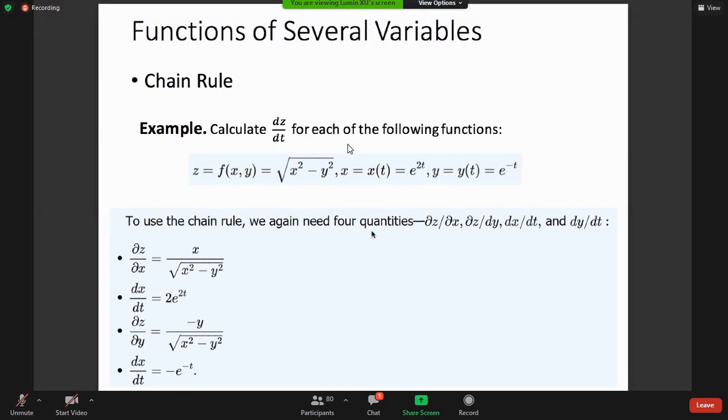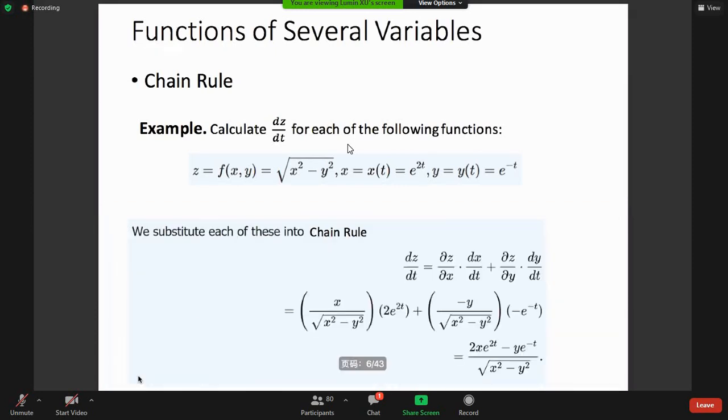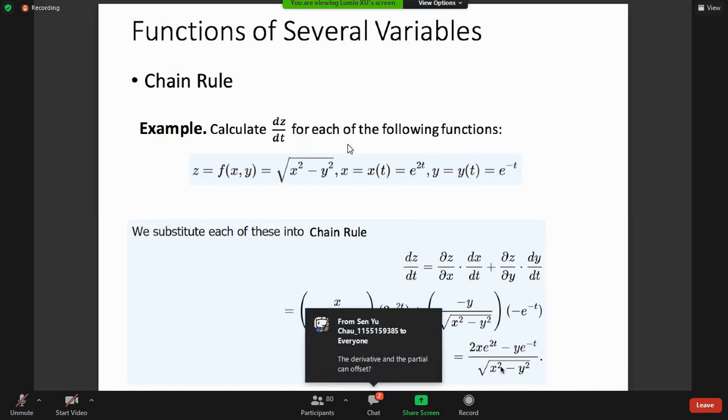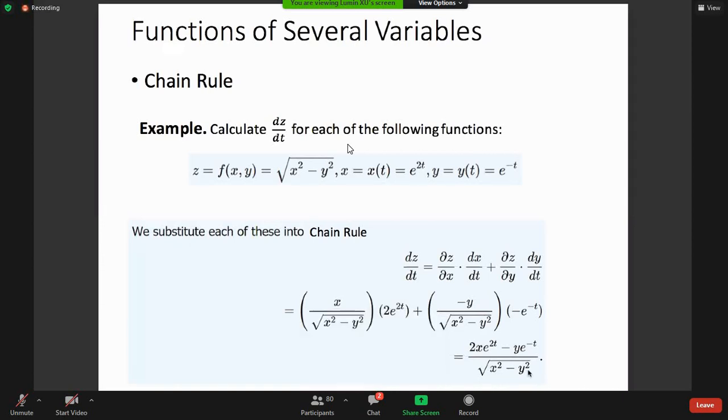And then after we have calculated all these things, we just use the chain rule to add them together, and then we will get this, right? In this equation, the final solution is related to x and y, but we would like to calculate the relationship between z and t.